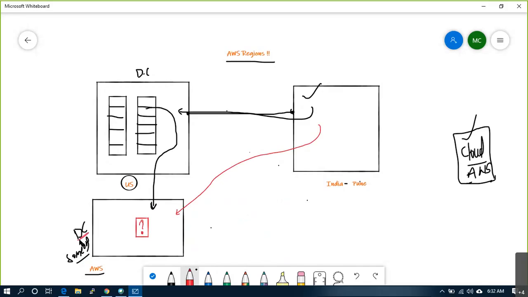As I said, the same data center: the same racks, same servers, same computing, same storage, but managed by Amazon Web Services.